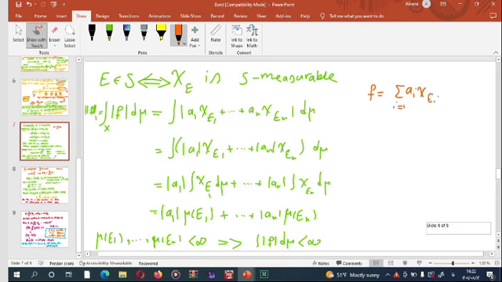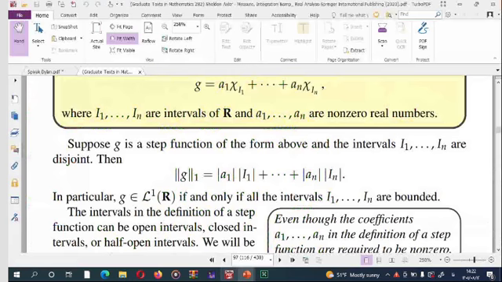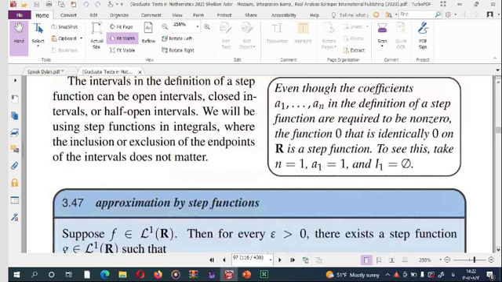The Lebesgue integral of a simple function equals this in general, and this is a particular case of that.